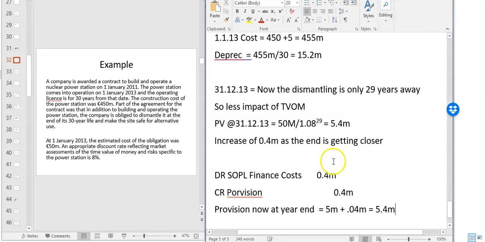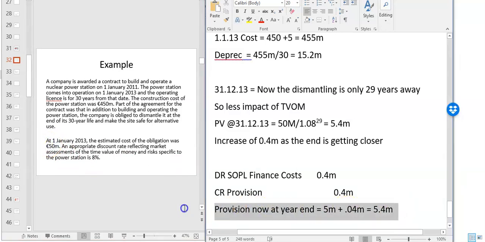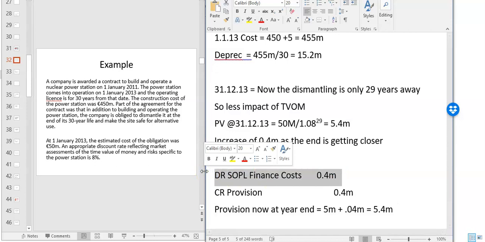So you update the provision at the end of each period, because at the end of each period, it's getting one period closer to the end of the life of the project. And that means the present value is getting bigger. So in 30 years time, your present value of the provision will match exactly the provision that you'll have in your liabilities. And over the next 29 or 30 years, you'll write it off over finance costs.